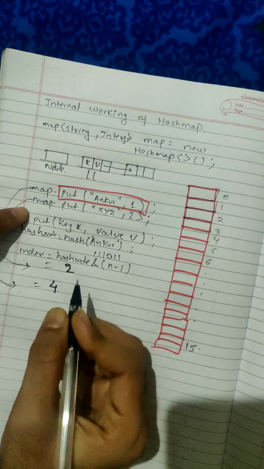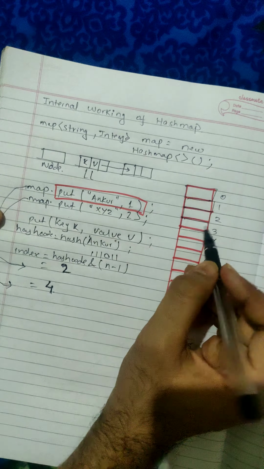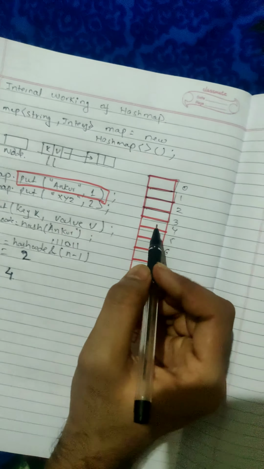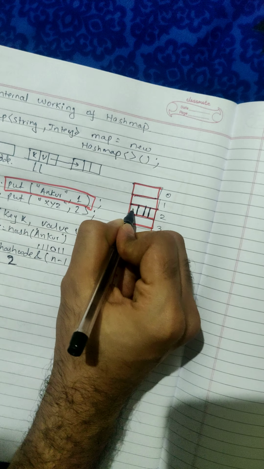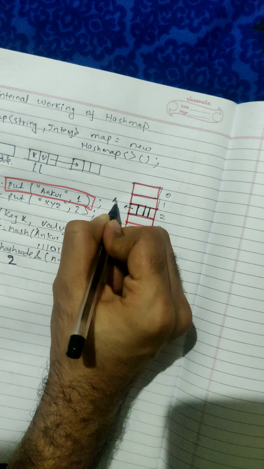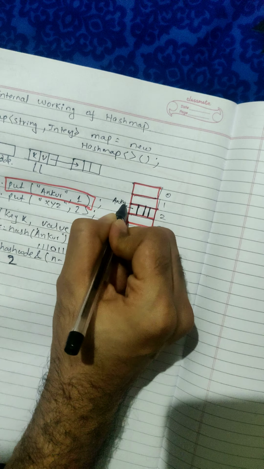Okay, so the information for 2 will go over here. In 2 it will have 4 places. This will have the key, which is anchor. It will have the value, which is 1. The hash code will be 111011, and this will be null.